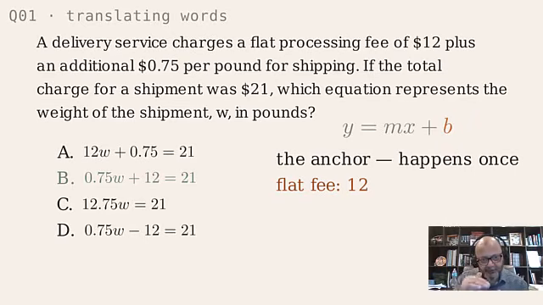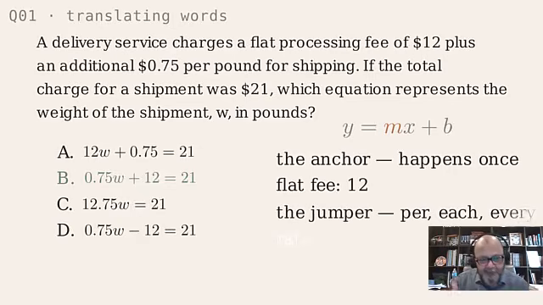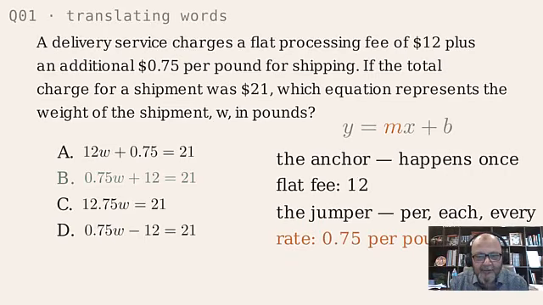The rate of change, the jumper: look at words like per, each, or every. Here we see $0.75, or 75 cents, per pound. This tells us that for every 1 unit increase in weight, W, the cost increases by exactly $0.75, or 75 cents.